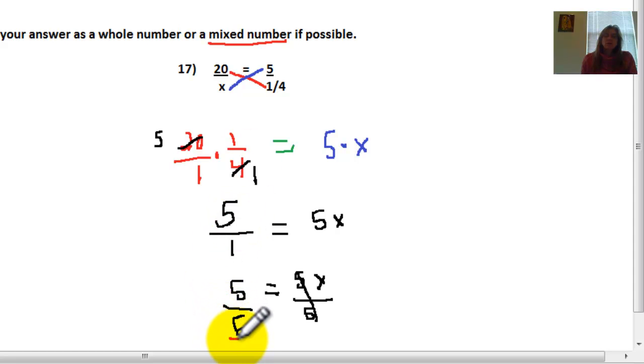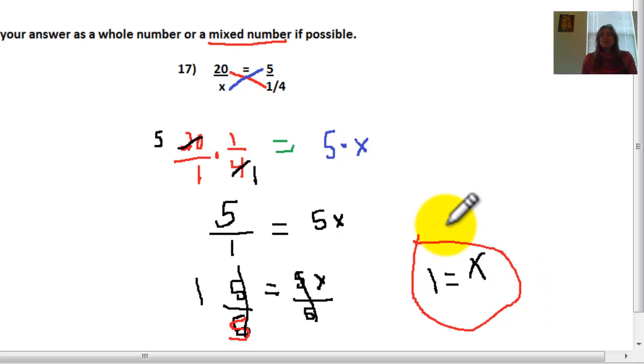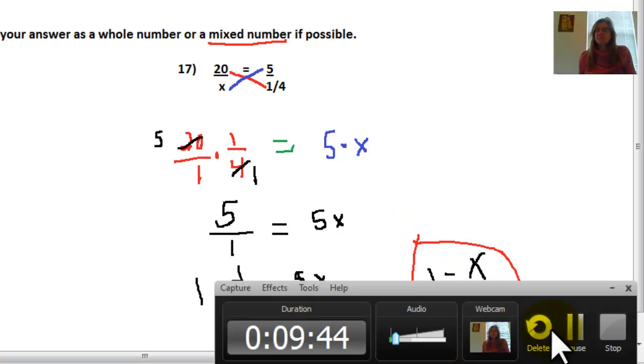This is a 5. So 5 over 5 is 1. So that means 1 equals x. 1 equals x. So your answer on number 17 is much simpler. All right.